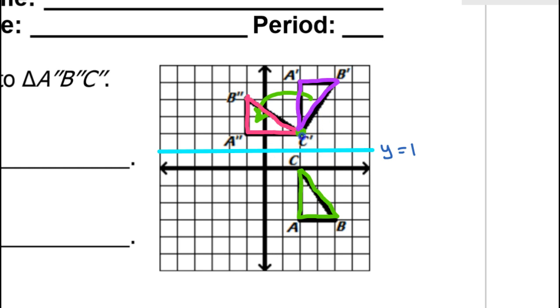This would be the center of rotation because that's why they're connected here. So we could just rotate counterclockwise around point C prime 90 degrees. And I can tell it's going to be 90 degrees because A prime is right here, and then A double prime is right here. That is a 90-degree angle.